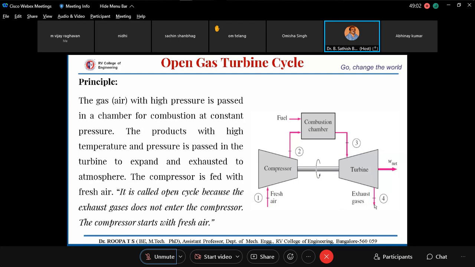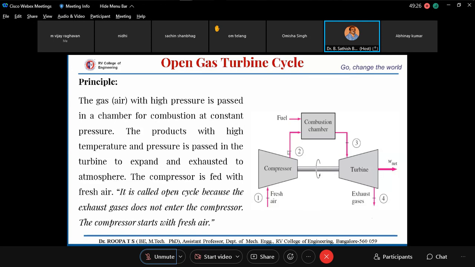As I told, there is no connectivity between the inlet and the exhaust. The exhaust gases are led to the atmosphere. They are not taken back to the compressor. That is why this is called an open cycle. Air is taken from the atmosphere, exhaust gases are given to the atmosphere. So it is an open cycle arrangement.